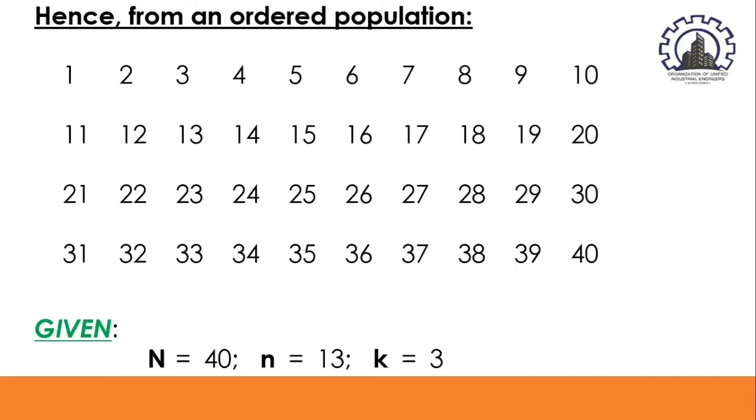Also, based on our calculation, our k or sampling interval is 3. So what's the first thing that we need to do in doing the selection? Okay, here, let's assume that we select student number 8 first, okay?